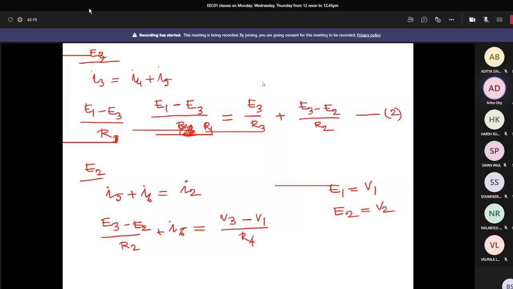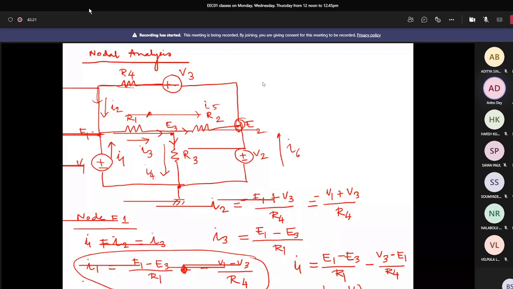So we can write what is E1, what is E3, and what is E2, right? Then what unknowns are left? Nothing, right? E3, if we can get it from this equation, then you can solve all these three. So I2 you replace with V3 minus V2 minus V1 by R4.